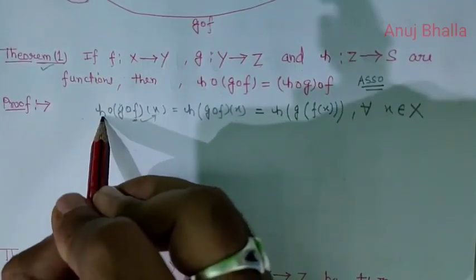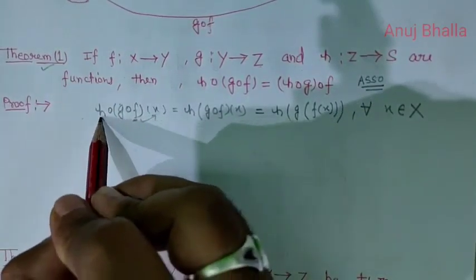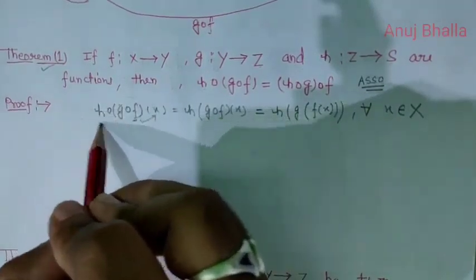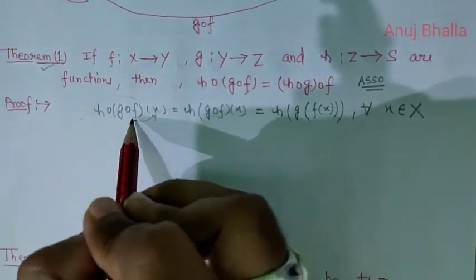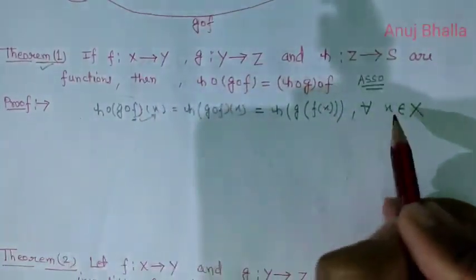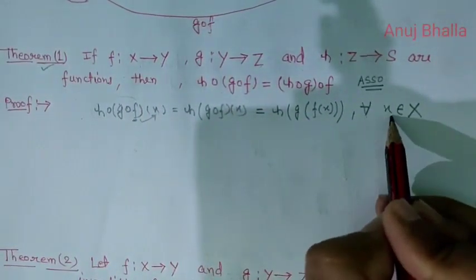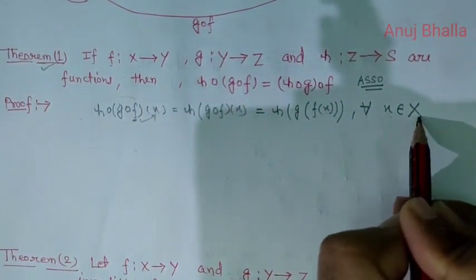The domain of this will be the domain of f, which means X. That's why we are saying for every x belongs to capital X set.